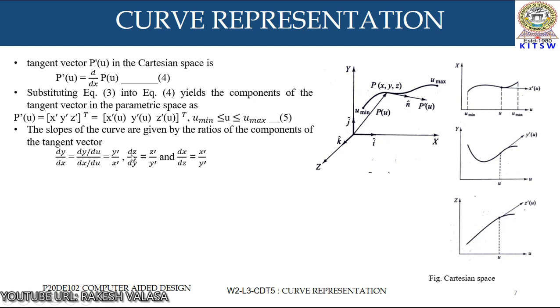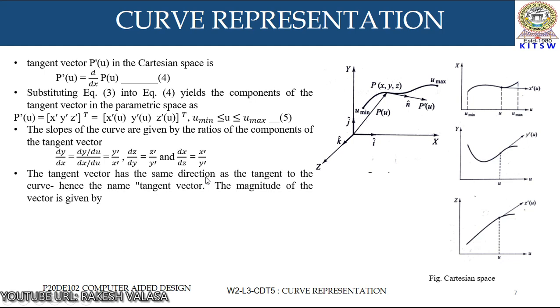In a similar manner, the ratio of another slope, that is dz by dy equal to z dash by y dash, and dx by dz equal to dx by du over dz by du. It gives x dash by z dash. The tangent vector has the same direction as the tangent to the curve. Hence the name tangent vector.